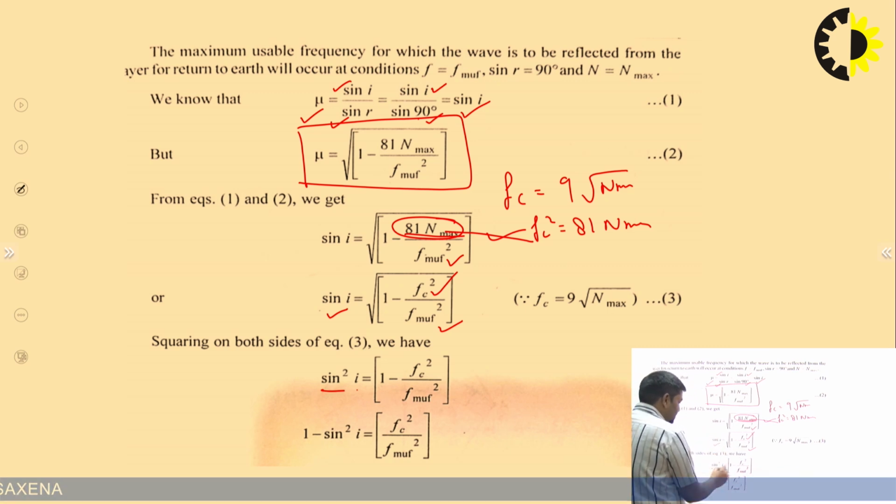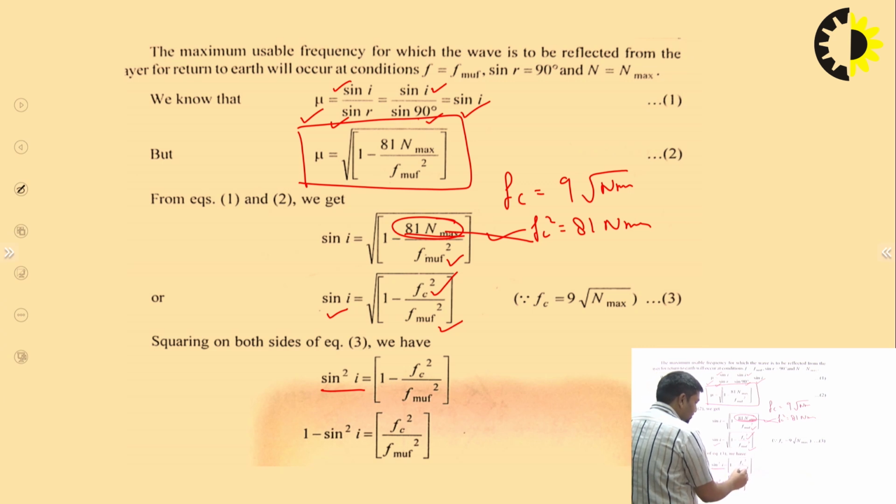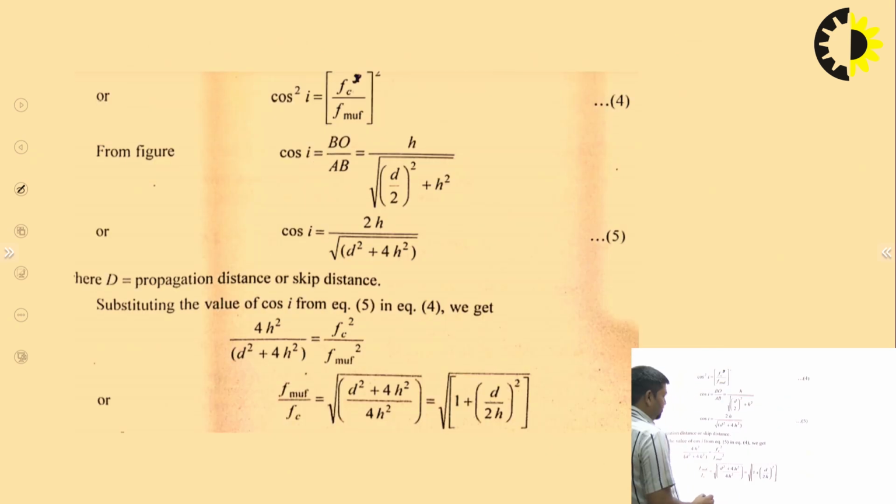So sine square i is equal to 1 minus fc square upon f muf square, because the under root vanishes. 1 minus sine square i is equal to fc square upon f muf square, and cos square i is equal to this, so cos i is equal to this. And how do we calculate it?